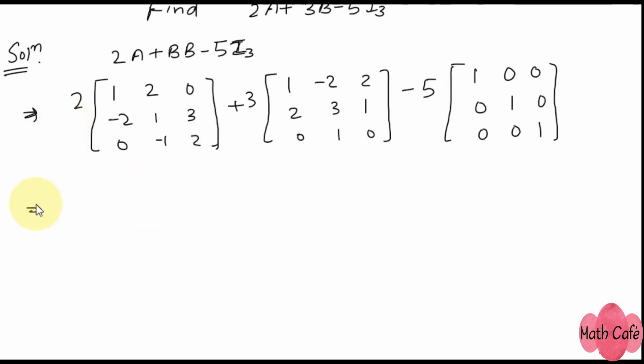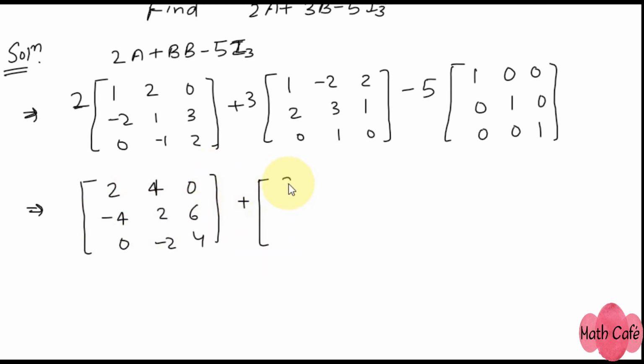Alright, so I am going to multiply 2 by each of the elements. So here 2A will become 2 4 0, minus 4 2 6, 0 minus 2 4.